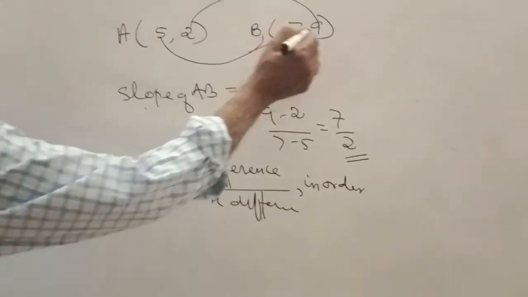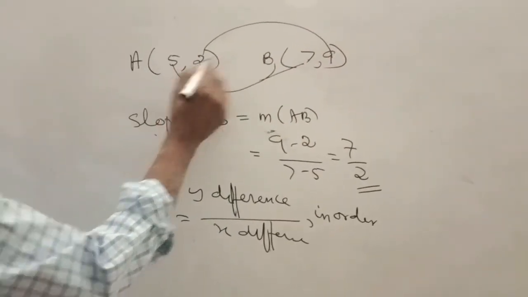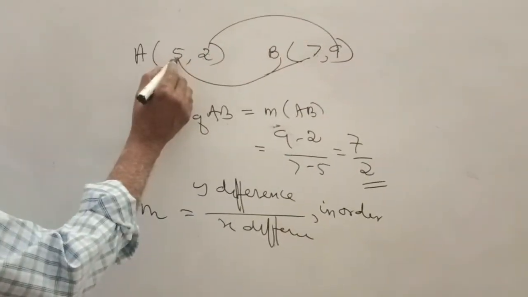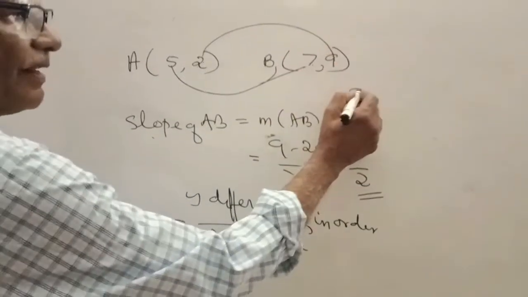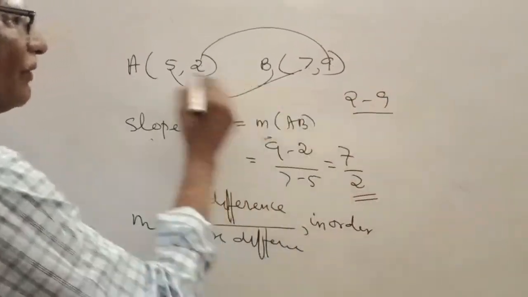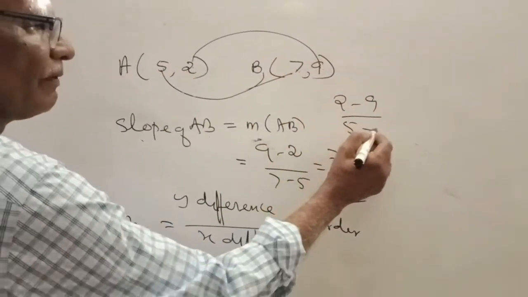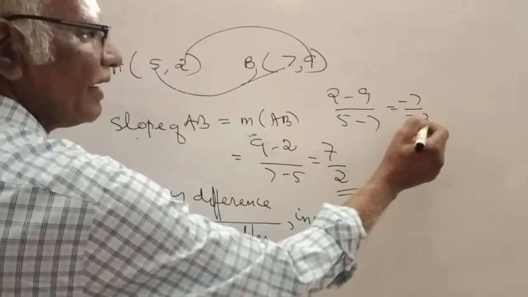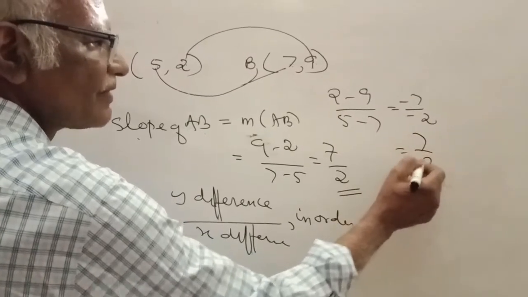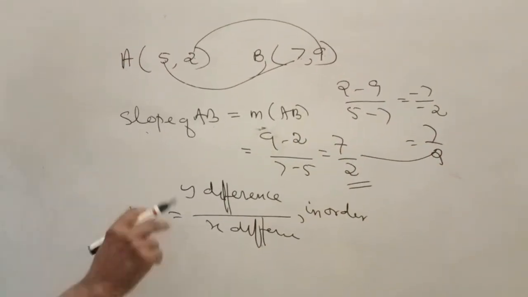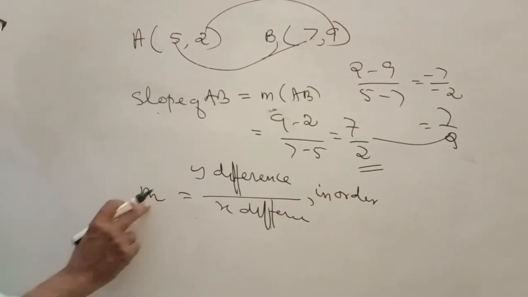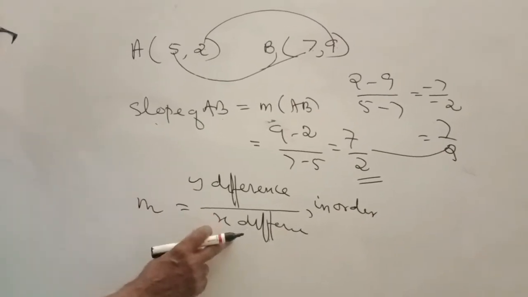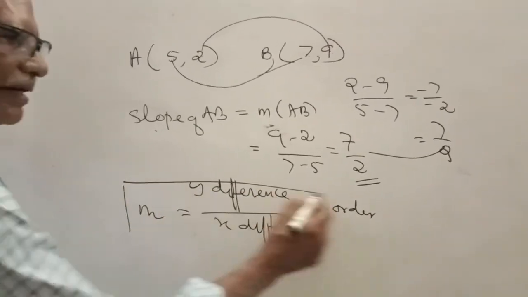That means if 9 minus 2 is taken, we have to take 7 minus 5. If 2 minus 9 is taken, we have to take 5 minus 7. And the result will be exactly -7 by -2, or it is 7 by 2. So slope m is y difference by x difference in order.